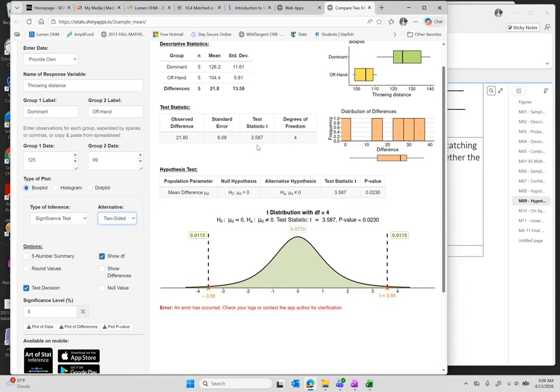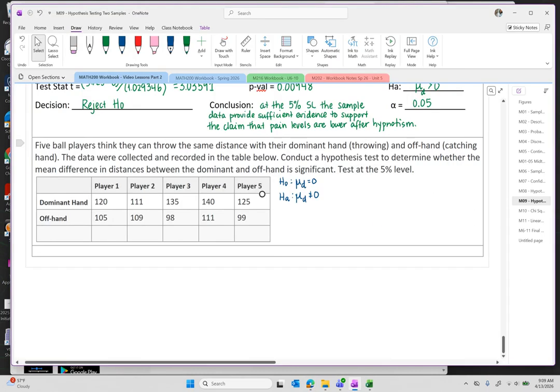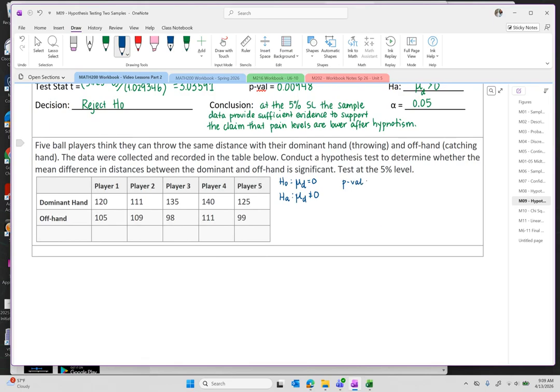Because it is a two-sided test, we have a negative 3.587 and a positive 3.587. They create a p-value in both tails of a total of 0.0230. So here I get a p-value of 0.0230, which is less than alpha.